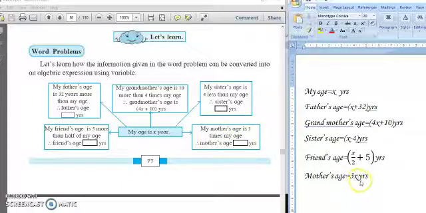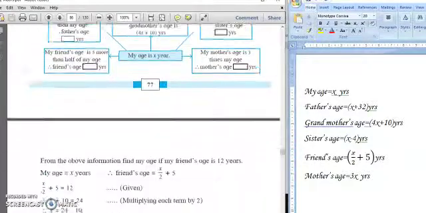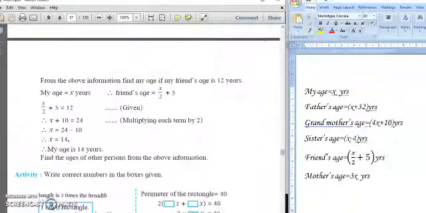So mother's age equals 3 into x, 3x years. This is the age of the mother. 3 multiplied by x. So this is how we can frame the equations using the given information and form a mathematical expression or algebraic expression of the given equation.